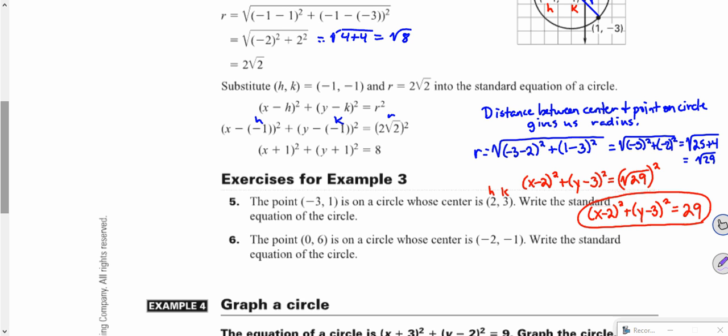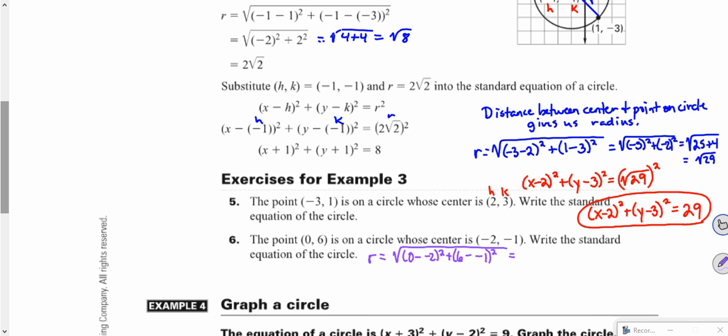A point (0, 6) is on a circle whose center is (-2, -1). Write the standard equation of the circle. So again, first we have to find r. So r is going to be the square root of (0 minus -2) squared plus (6 minus -1) squared.